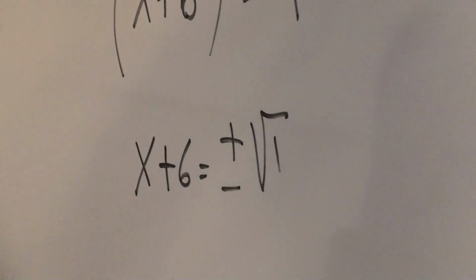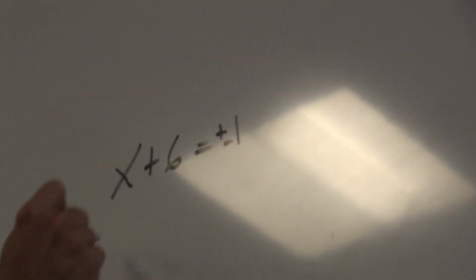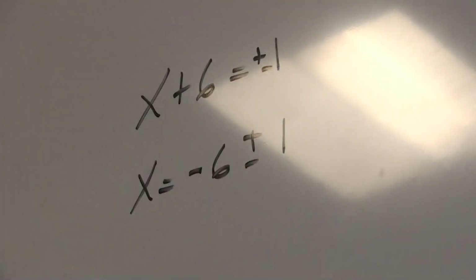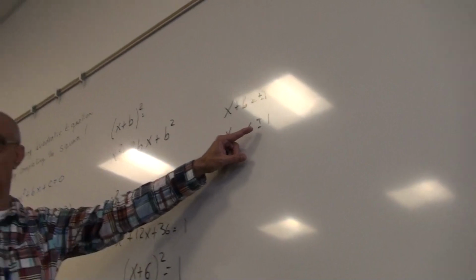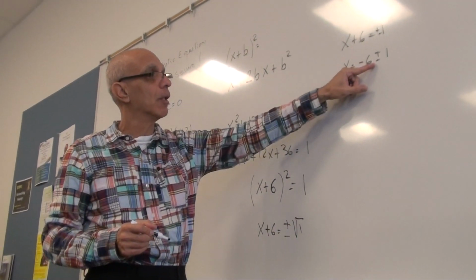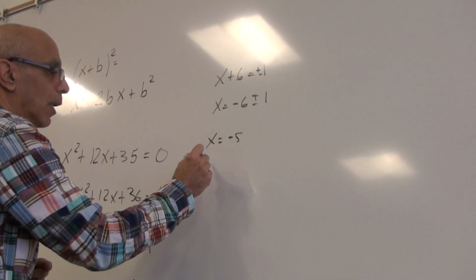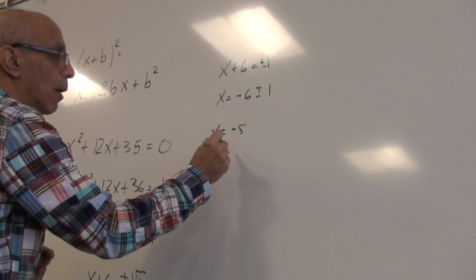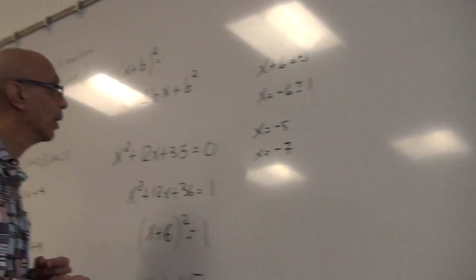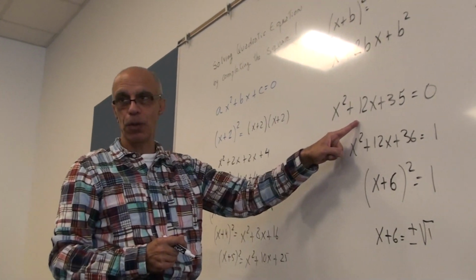So now I'm going to have x plus 6 equals plus or minus 1. x equals minus 6 plus or minus 1. So that means there are two solutions here. One when I use plus and the other when I use minus. So one is x equals minus 5 and the other is x equals minus 7.